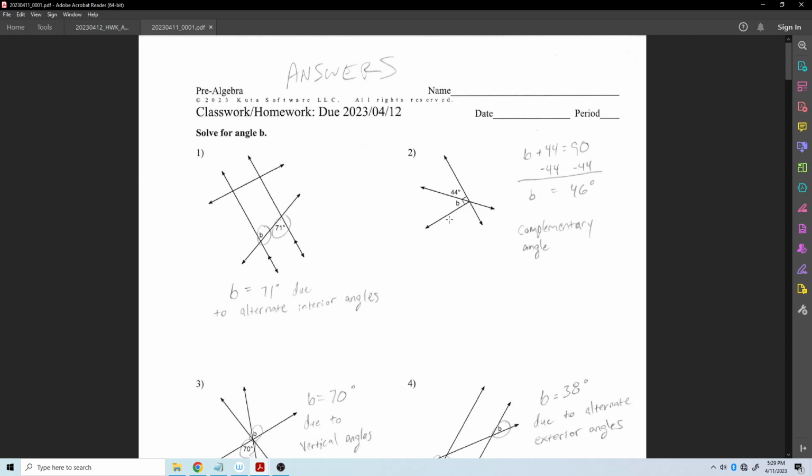So whatever B is, we don't know yet, plus 44, equals 90. Subtract 44, you get B equals 46. Some basic equation solving steps. Makes sense. Plug it back in, 46 plus 44 is indeed 90.